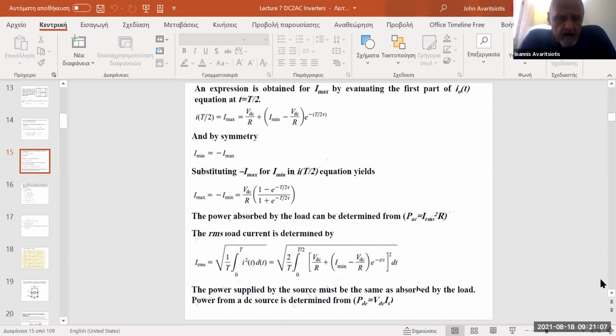The power from the DC source can be easily calculated by multiplying the voltage across the DC voltage source, VDC, by the current provided by the source, which here is shown as IS.